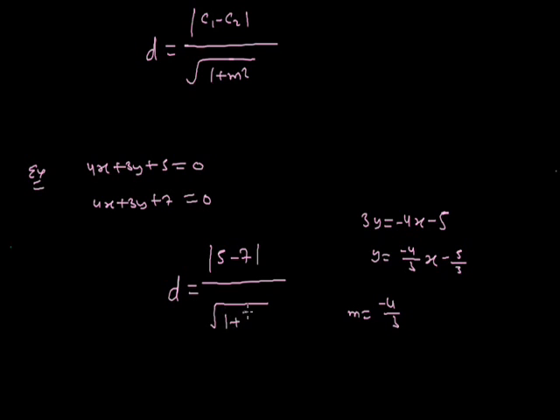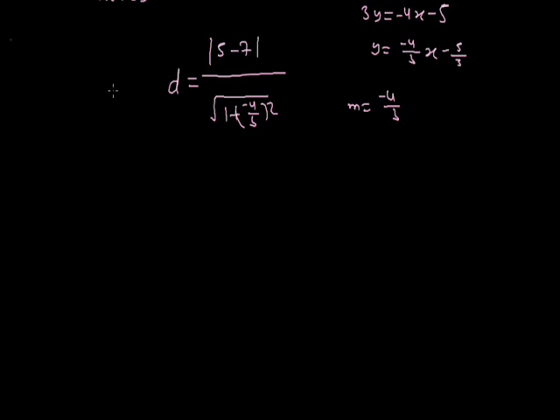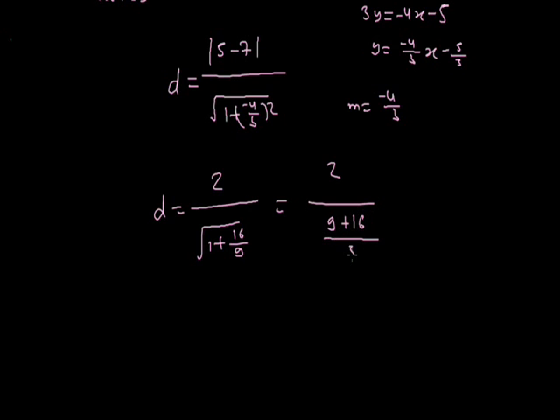So here we have 1 plus minus 4 by 3 square. Now further we can solve this. So d is equal to 2 upon under root 1 plus 16 by 9, and further this is equal to 2 upon under root of 9 plus 16 by 9.